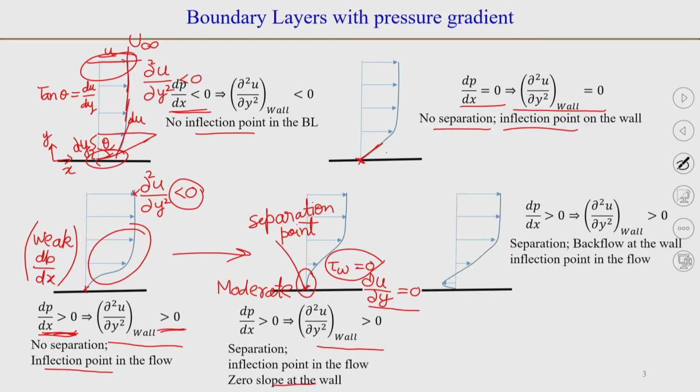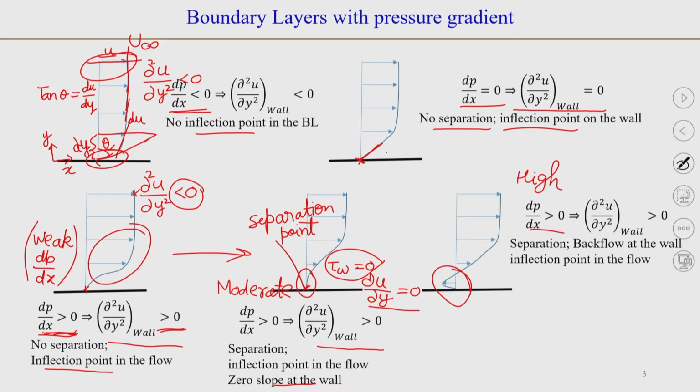Now, if the value is increased further to a high value, higher than this critical value, then the flow will be reversed because of the pressure gradient, which is stronger in the opposite direction.